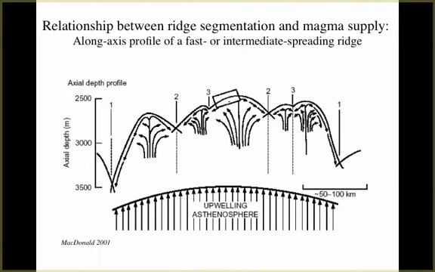This magma supply is related to the ridge segmentation, so that we see in a fast spreading system closely spaced, abundant magma bodies.